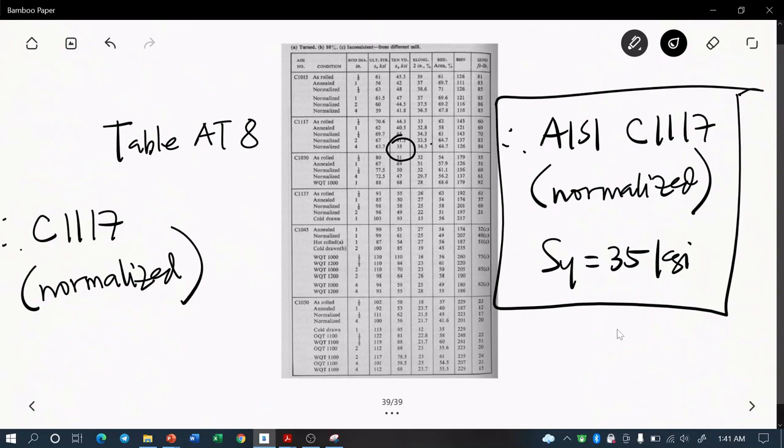But if the steel is known, we're going to obtain the properties, particularly the yield strength of that material, and use that in solving the equivalent yield strength in shear, and further, the design stress using the design factor. So in this requirement, it is the reverse of the process when the material is known.